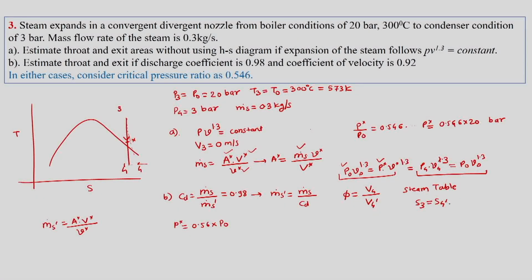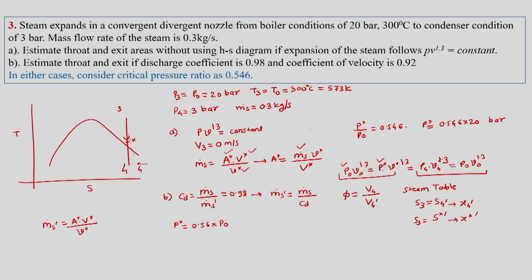Knowing this S4 dash, if required, we can find out X4 dash. Similarly, we can do it for the throat: S3 is equal to S star dash, and for that we will find out X star dash.